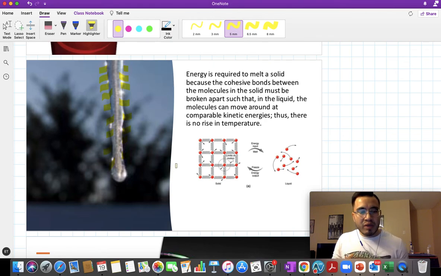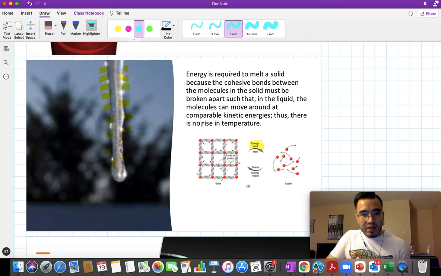Now, something I want to point out is we can think of the process in reverse. So now let's talk again about solid and liquid. You need energy input, meaning you need energy from somewhere. Now, if you're doing the opposite, going from liquid to solid, we call that freezing, then you're going to have an energy output.